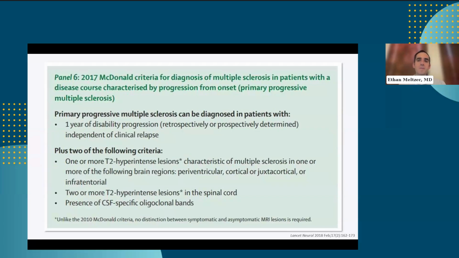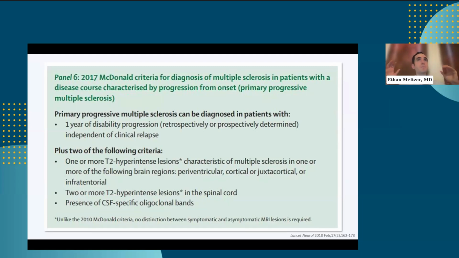Maybe starting with the easy ones, the bottom 2: they need to have lesions within the spinal cord, which are highly specific for demyelinating disease, or the presence of CSF-specific oligoclonal bands. The top one is having characteristic lesions in multiple brain regions. This is a little bit trickier, which we'll talk about in the next few slides.